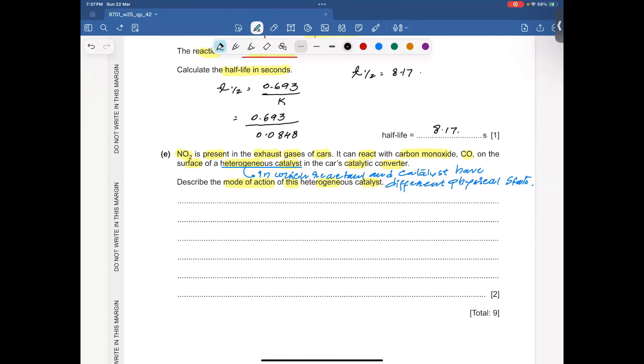So first of all, reactant molecules are adsorbed onto the surface of the catalyst via active sites. And guys, active sites are the vacant d orbitals of transition elements, if you remember.